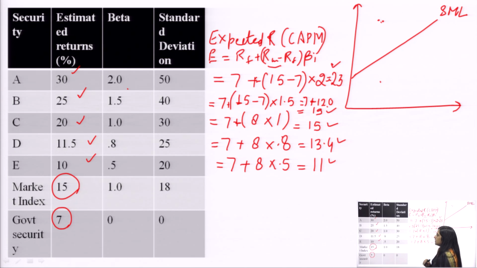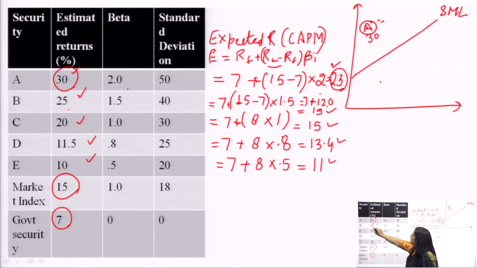If we compare these, for security A, it is evident that security A is giving us 30% return, but according to CAPM it should have provided us 23% return. What does it mean? It means that it is giving us better returns. So, this 23 should lie on this line, but it is giving us 30%. So, security A would be underpriced.